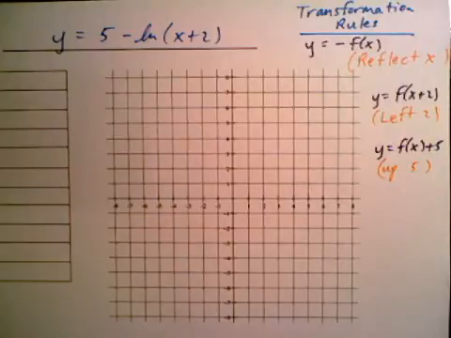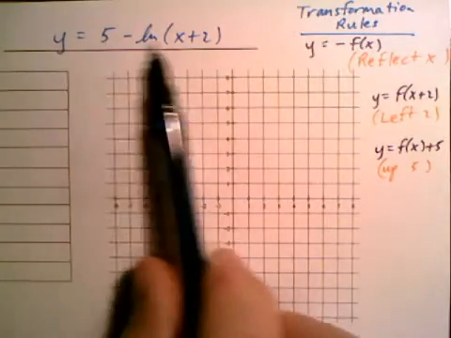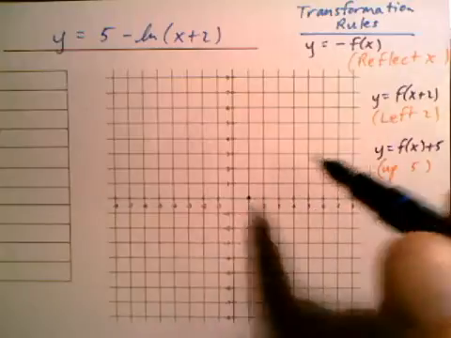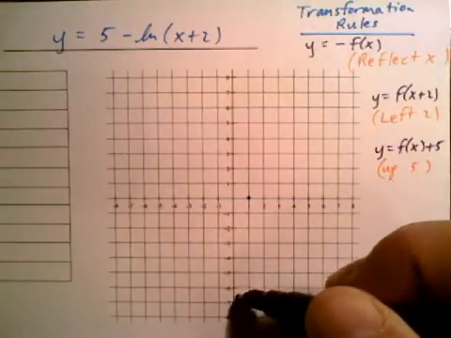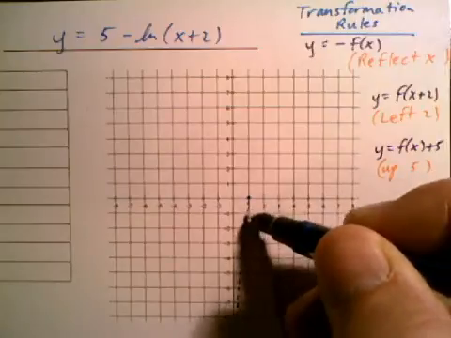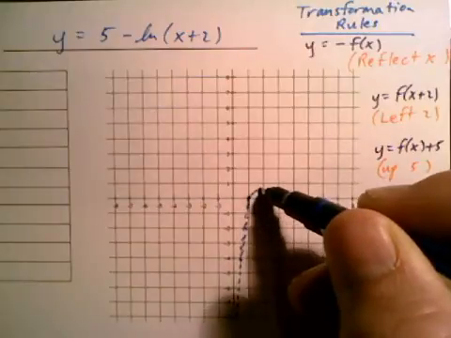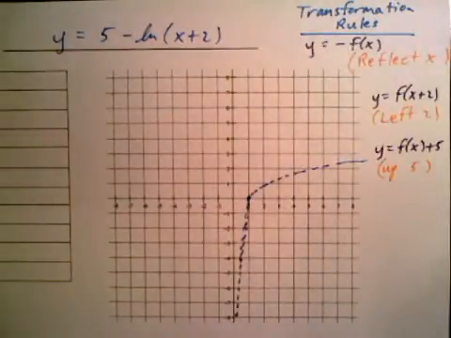So the first thing that I would do in graphing this particular function is remind myself, well, what in the world would the graph of y equals ln of x be? It's going to come out like this and look kind of like that.